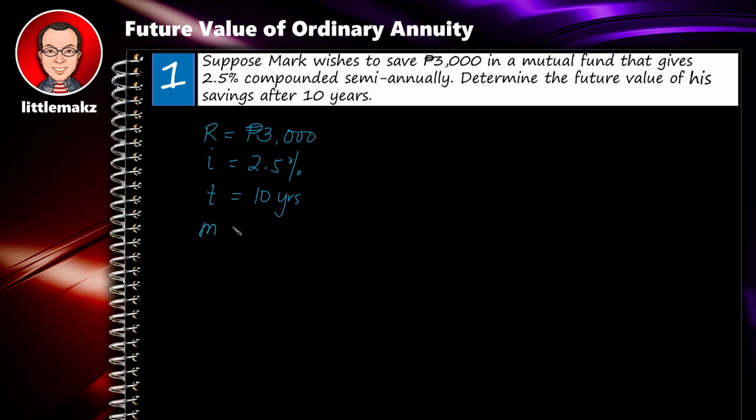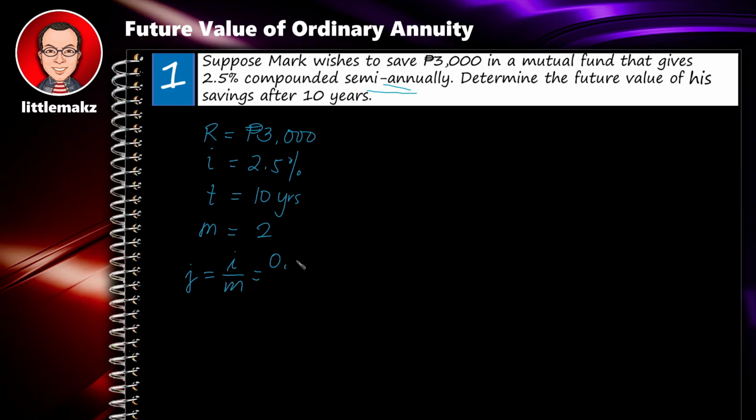And for the compounding period, we have M is equal to 2 since it talks about semi-annual compounding. Then we're gonna find for J, we have J equals I over M.